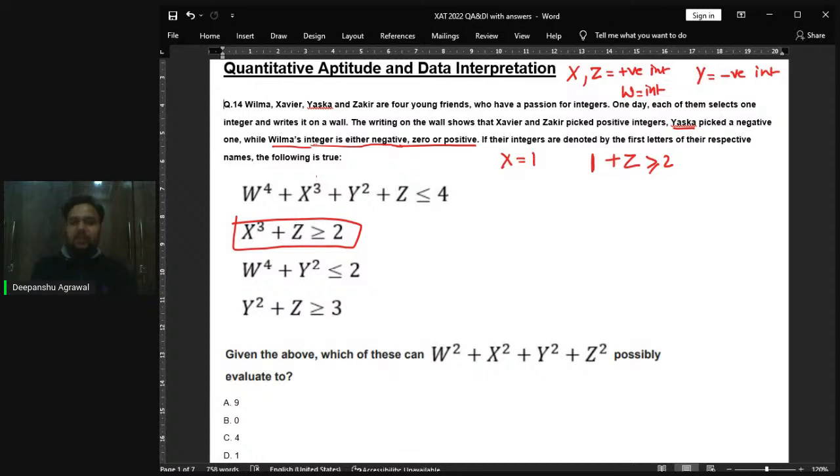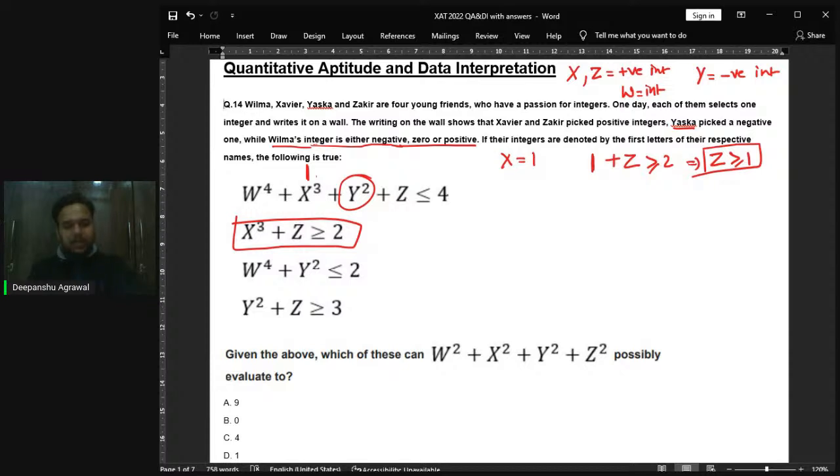So from here, we'll get z greater than or equal to 1, which is actually already given in the question. Now let's try to guess the value of y.